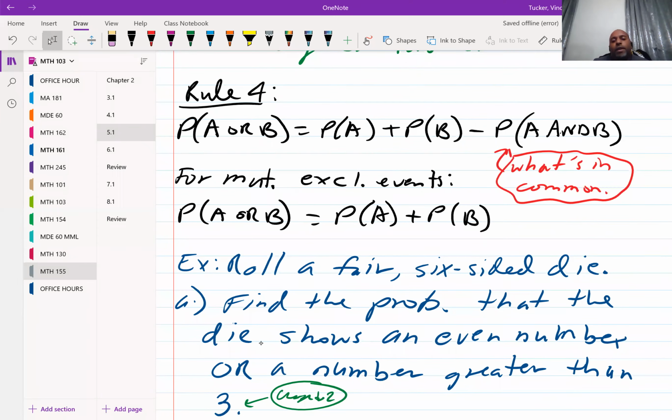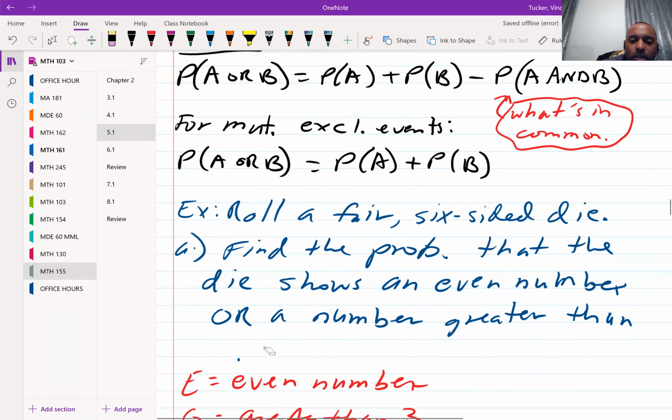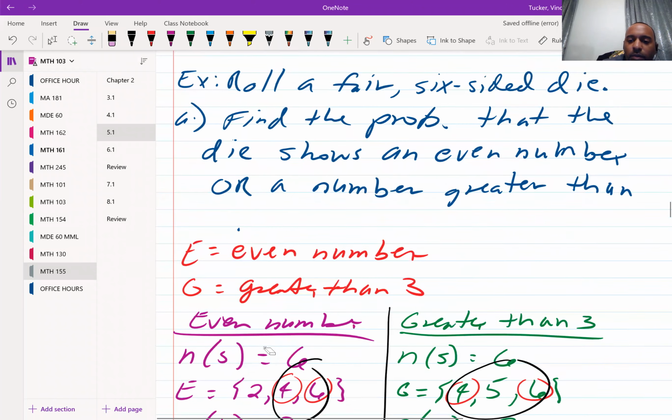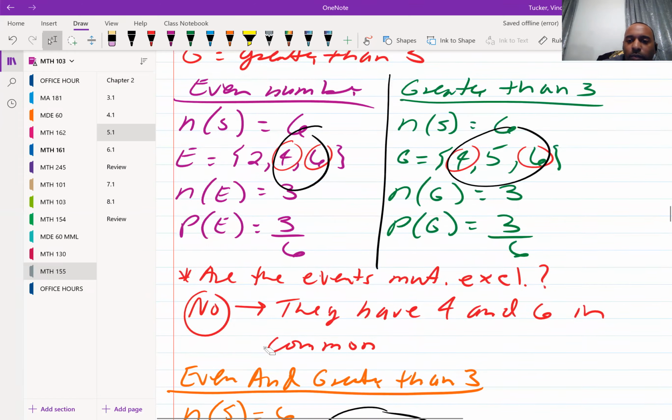So we have: roll a fair six-sided die. Find the probability that the die shows an even number or a number greater than 3. Oh, let me see. I think I want to change that to 2. I think I want to do greater than 2 because both of those are 3/6.